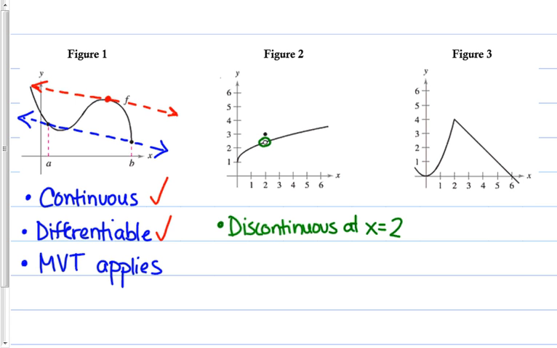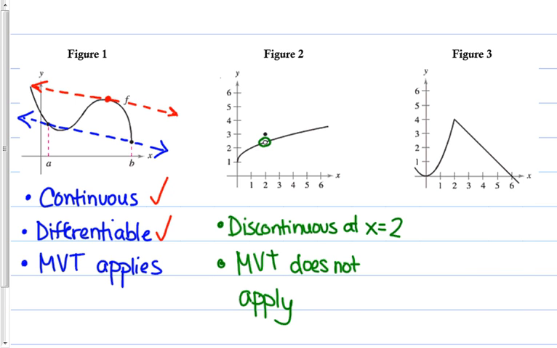Now, although it is a closed interval from 0 to 6-ish, it looks like 6.5, it's discontinuous. So, because this function is discontinuous, the MVT does not apply. There you go. All right, next.